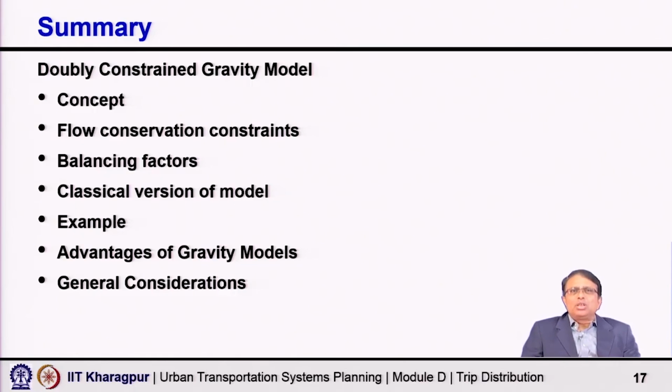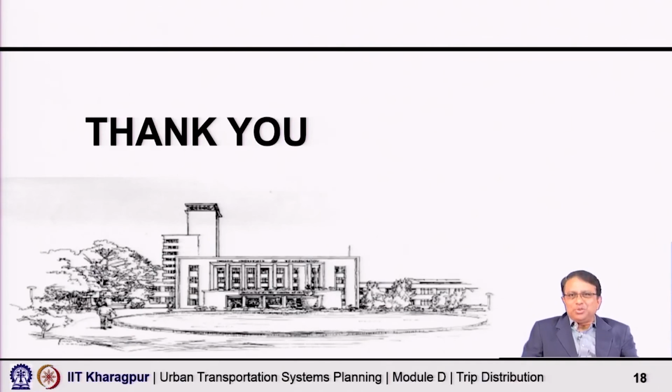Then we talked about the doubly constrained model, and explained clearly how you calibrate it with an example. We also discussed the various advantages of the gravity model and some general considerations where you need to be a little careful when applying it. So, with this I close this lecture.